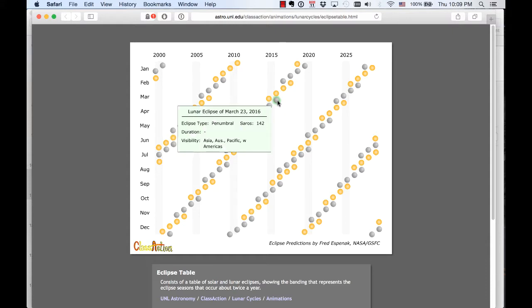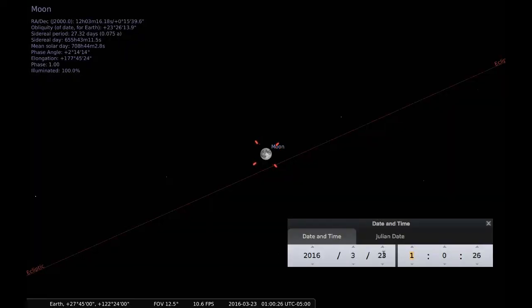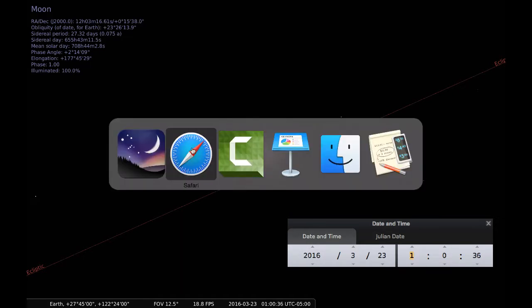March 23rd, 2016. Oh no, that's 12 months after. Is it March? Do I have March 23rd in my calendar? Yeah, I do. So there's March 23rd. So there may be a bit of a penumbral eclipse, a very slight partial eclipse, but I'm definitely not noticing it here in my simulator.